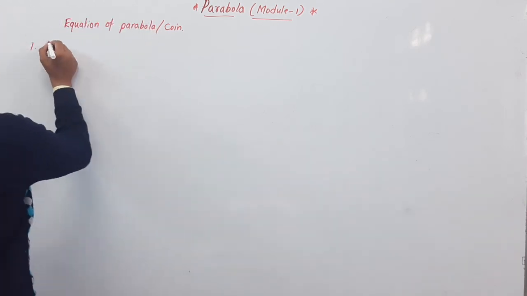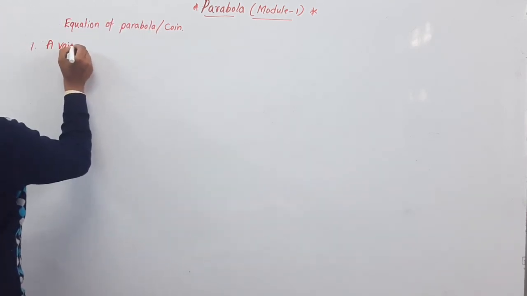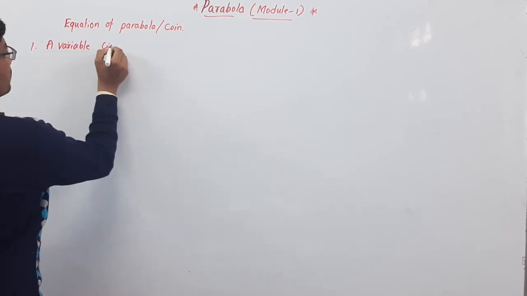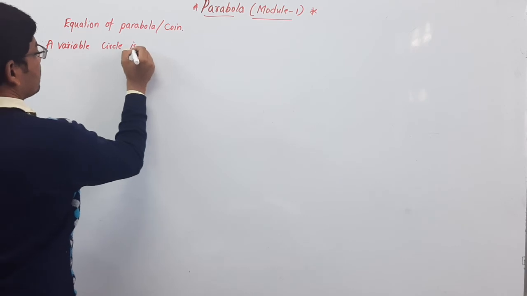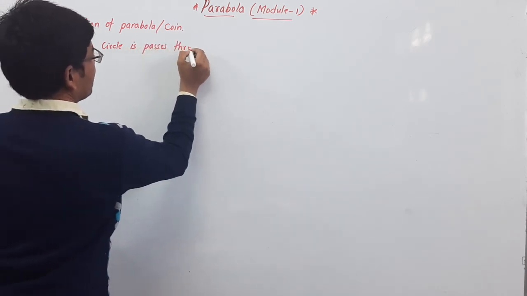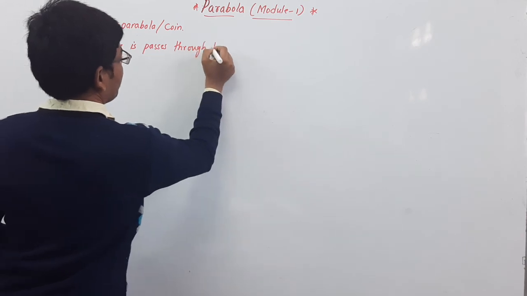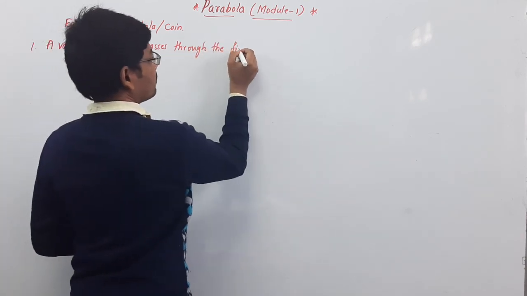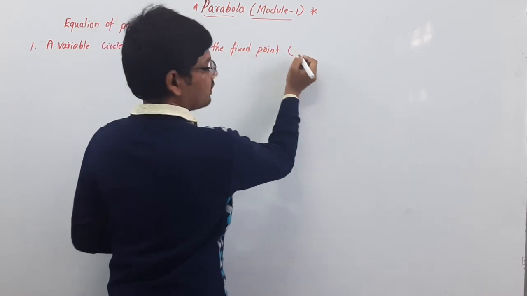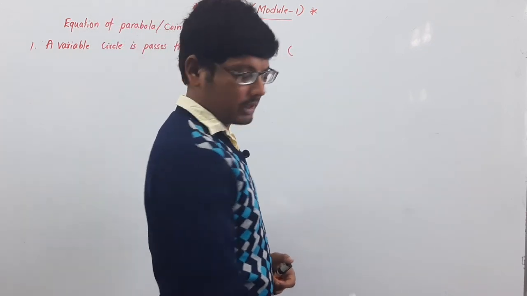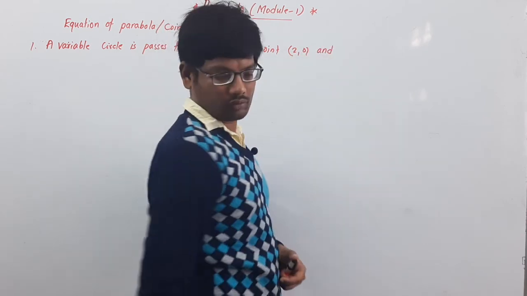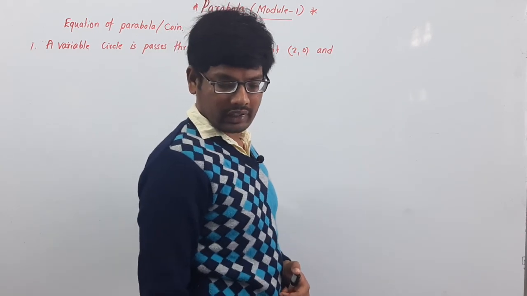A variable circle passes through the fixed point (2, 0) and touches the y-axis.